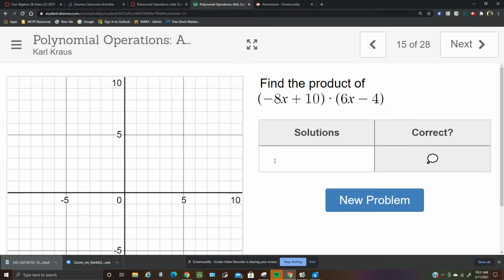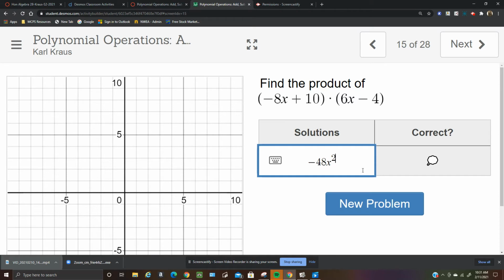On slide 15, you'd have negative 48x squared and plus 32x and plus 60x is 28x.